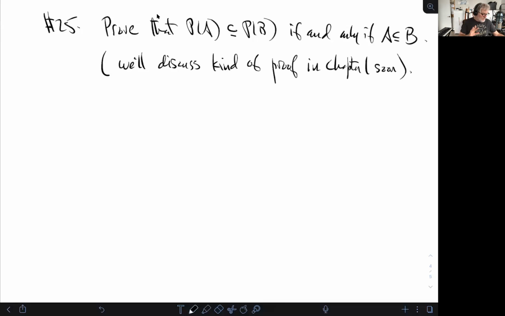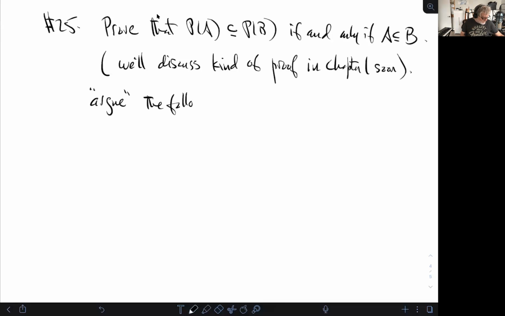So let me translate this. I'll say argue rather than prove. Somehow the word prove or proof scares many people. It shouldn't, but I understand. But argue the following.